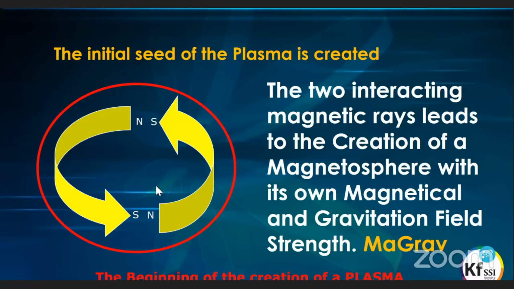And when you have the two interacting magnetic rays, it leads to the creation of a magnetosphere with its own magnetical and gravitational field strength. So that tiny little entity now has its own magnetical gravitational strength from the combination of the two; it creates a new strength.